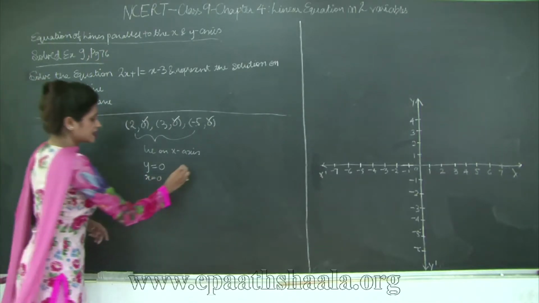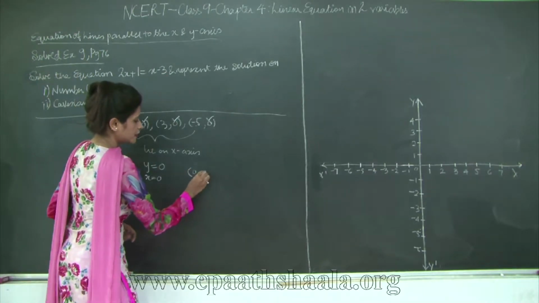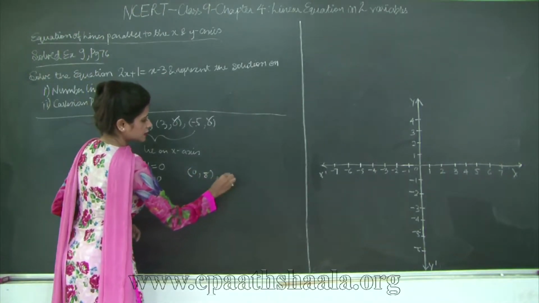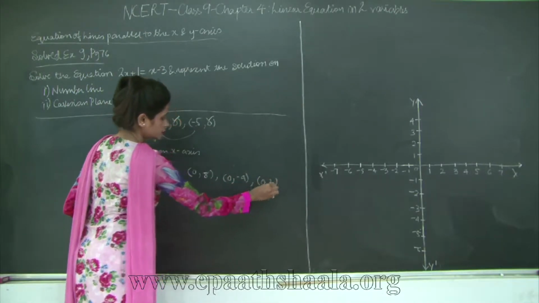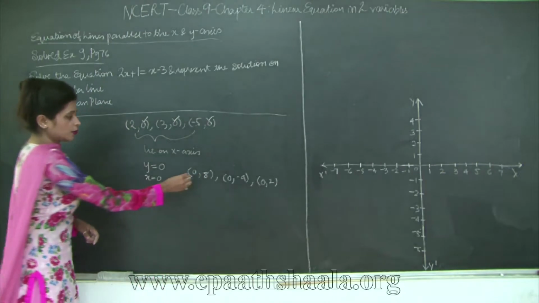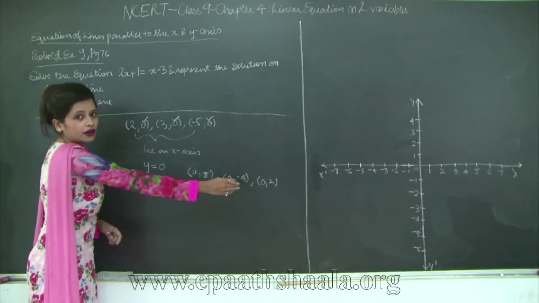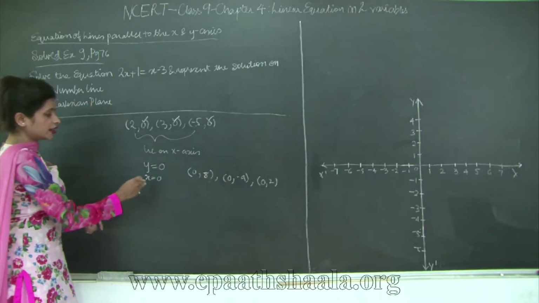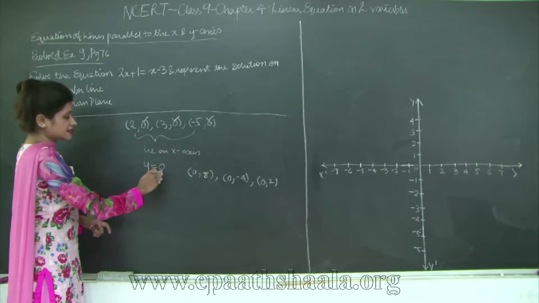Let's take examples where the x coordinate is 0: 0, 8, 0, minus 9, 0, 2. In all these coordinates the x coordinate is 0, and these points all lie on the y axis. So the equation of the y axis is x is equal to 0, and the equation of the x axis is y is equal to 0.